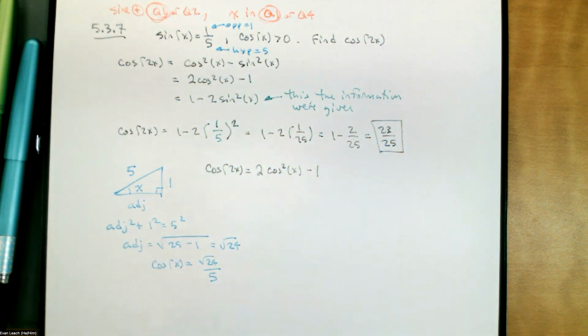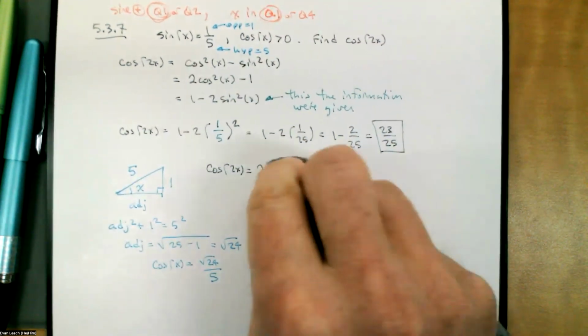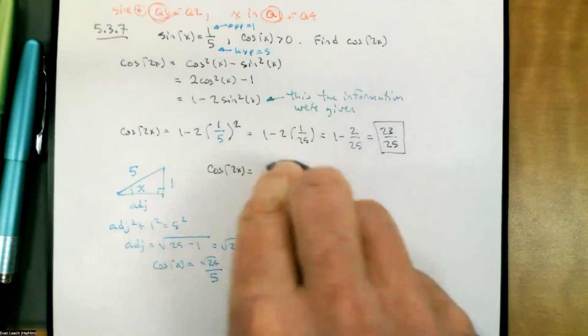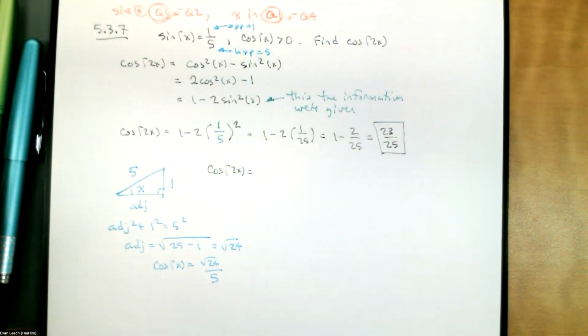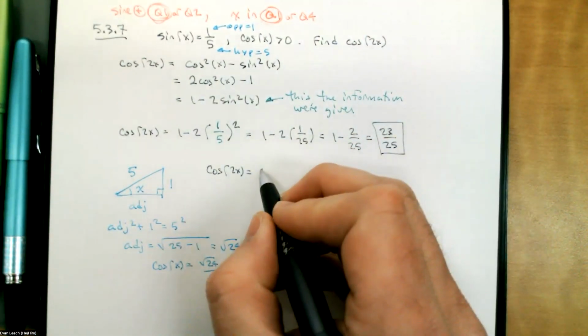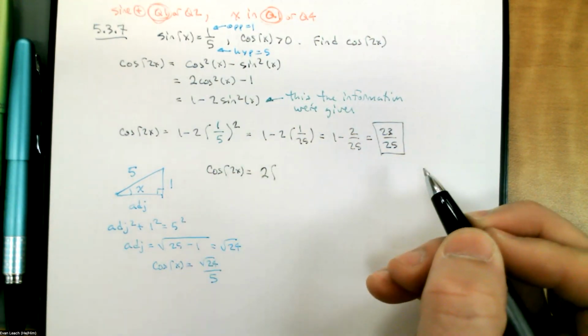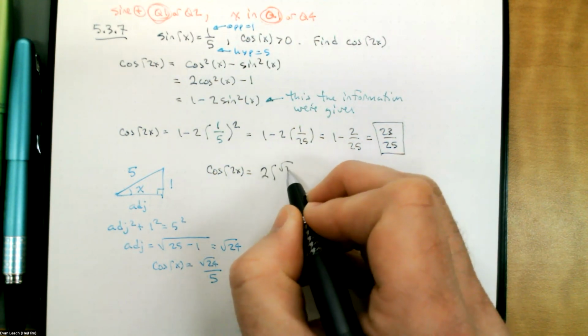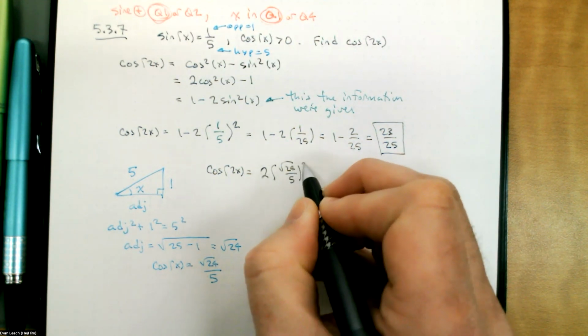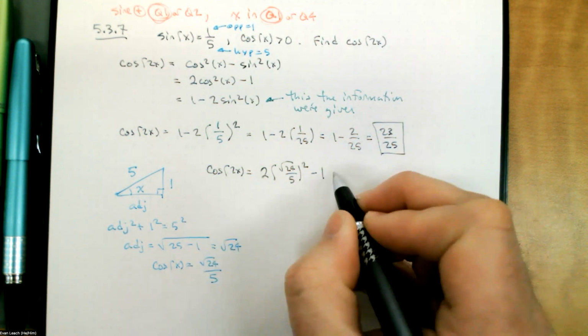Now that we have cosine information, we could take two of these square root of 24 over 5s squared minus 1.